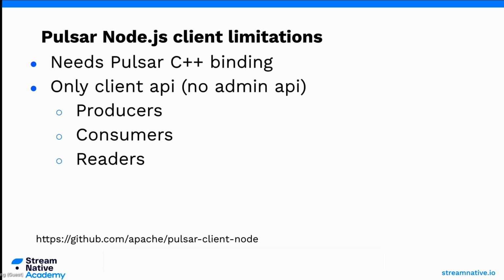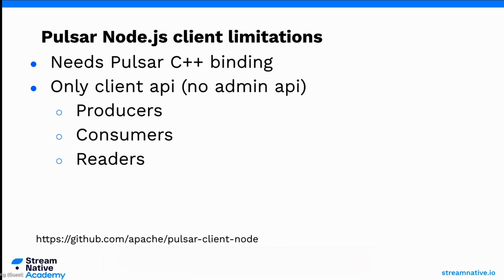Okay, so the Pulsar Node.js client limitations. So far, the Node.js client is using a C++ binding. So before you install the Node.js client, you need to install the Pulsar C++ client on the server you're going to run on, right?